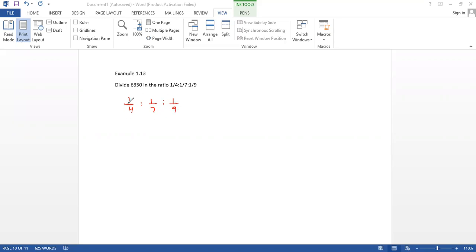Simply by multiplying all of them, the LCM is going to come 252. Then I'm going to multiply each of the fractions by 252 to turn them into numbers: 1/4 multiplied by 252, 1/7 multiplied by 252, and 1/9 multiplied by 252.